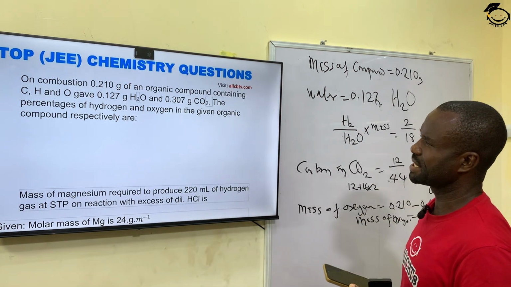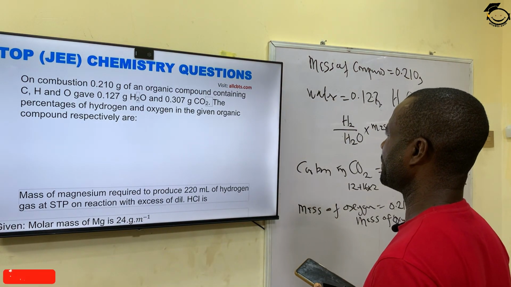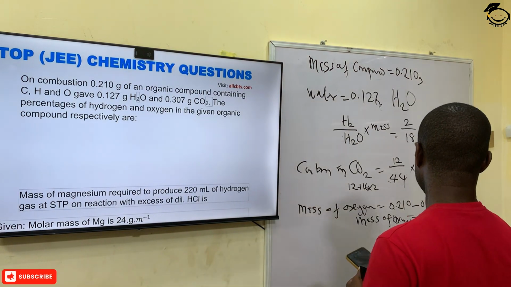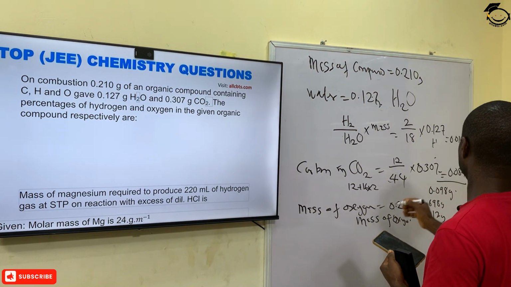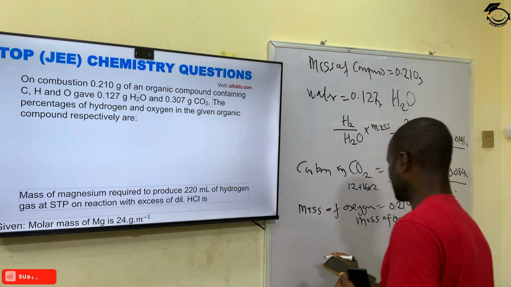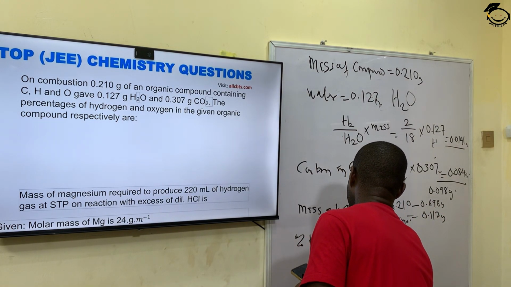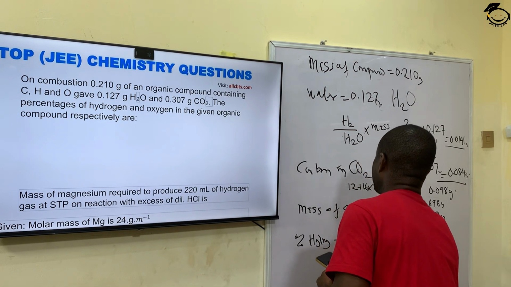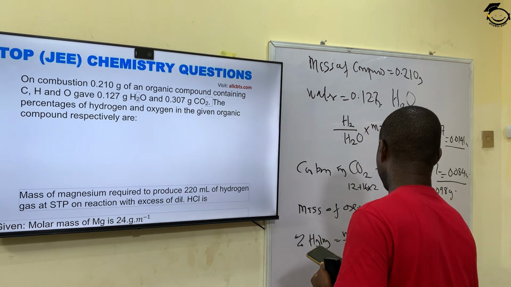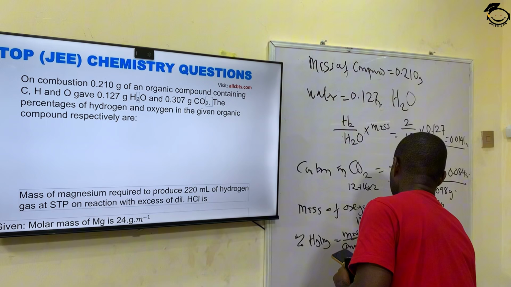Now, the question says, find the percentage of hydrogen and oxygen in the organic compound. So we have the mass of oxygen and mass of hydrogen. To find the percentage, percentage hydrogen will be mass of hydrogen over the mass of the entire compound, times 100%.